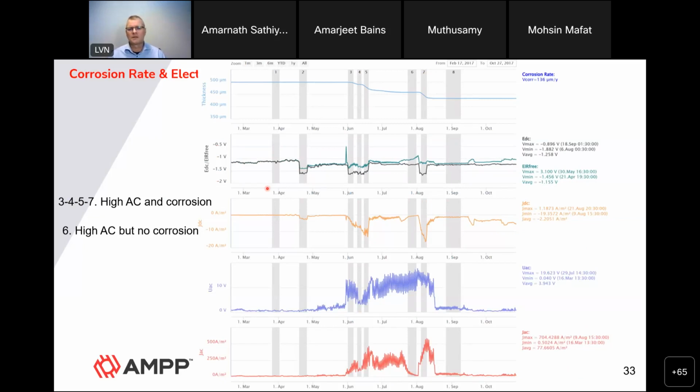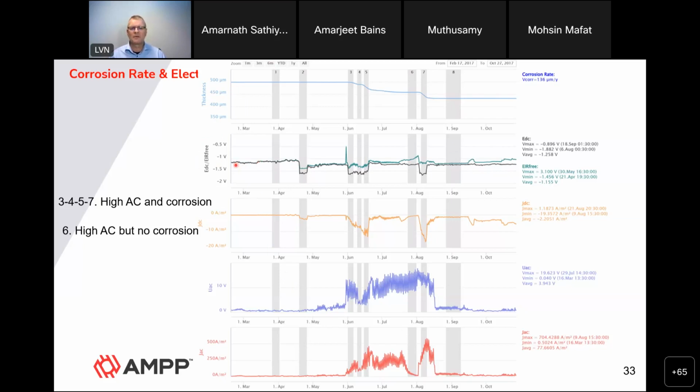Right, perfect. This is just another example where we had the permission to play with the pipeline and where we had established the corrosion rate concept. And we also had the opportunity to play with cathodic protection.